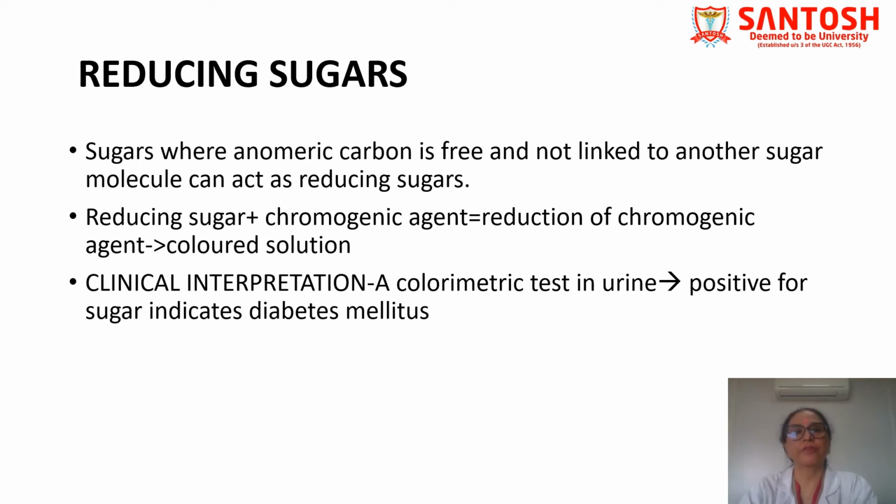If it is positive, that means the person is frank diabetic, and the concentration of sugar in the blood is more than 180 milligrams per deciliter, and now it is being excreted into the urine and the Benedict's test comes positive. So that is the clinical outlook, why we have to study these reducing sugars and how we identify them in the urine sample of a patient.